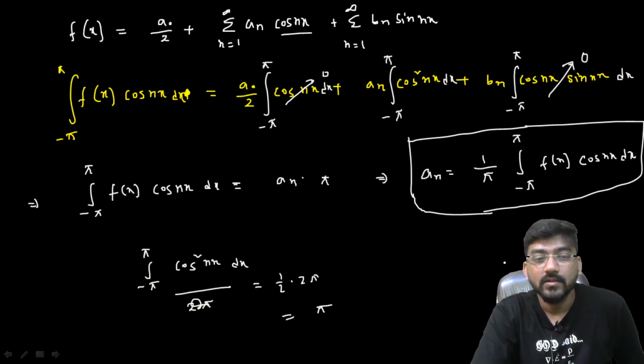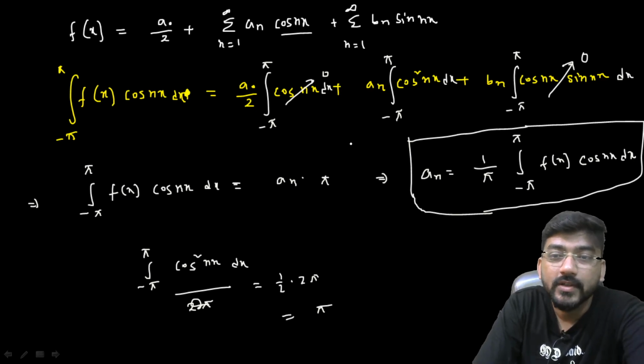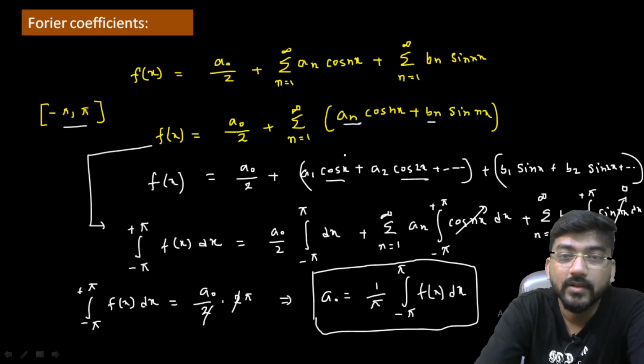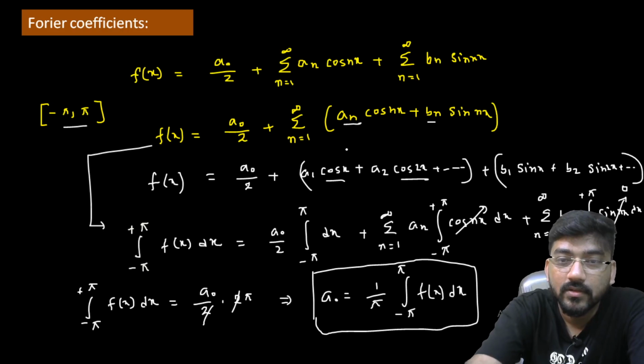And now at last we find out the coefficient bn. So now let me first write here the coefficients.